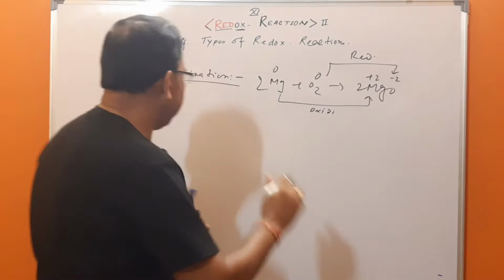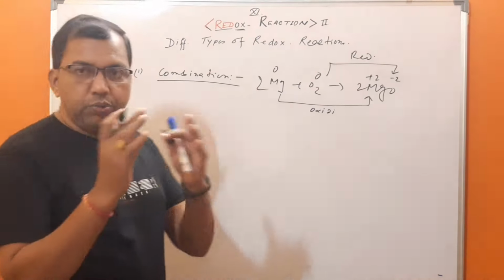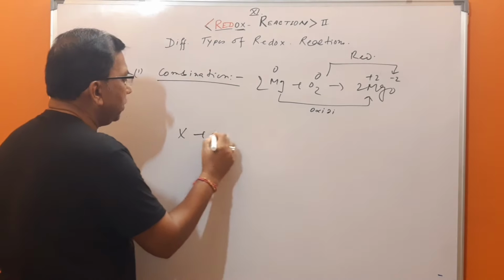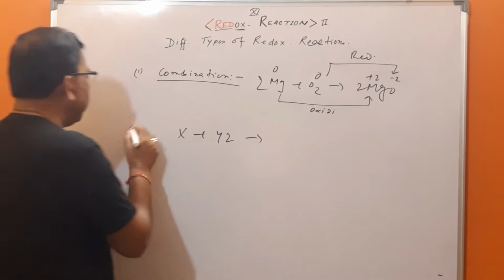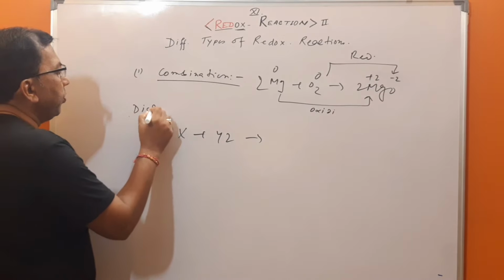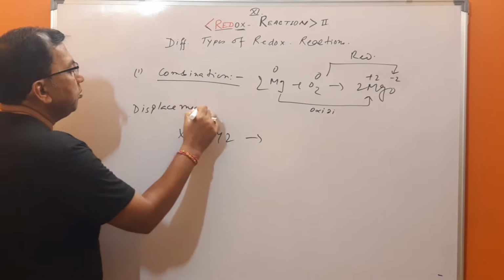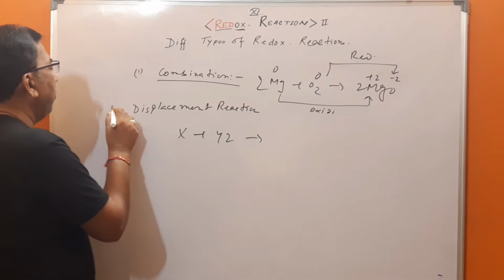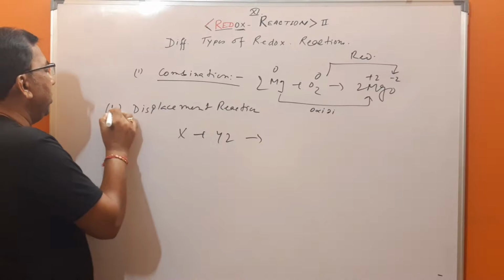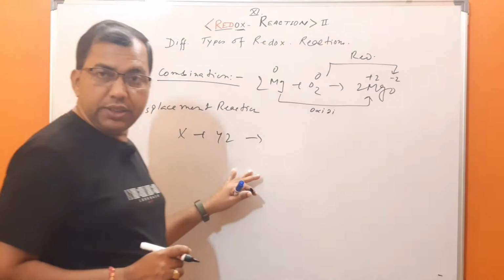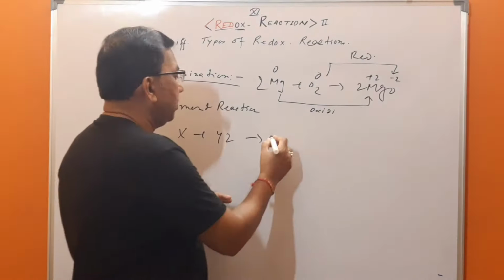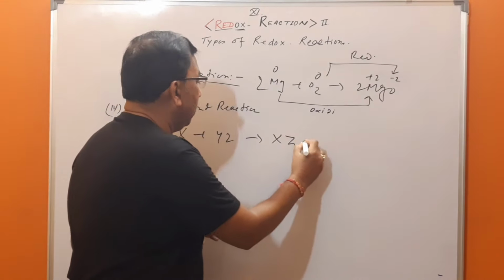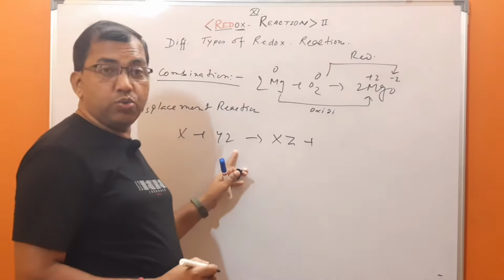Then the displacement reaction, number 3. In a displacement reaction, X plus YZ gives XZ plus Y. That is, Y will be displaced.